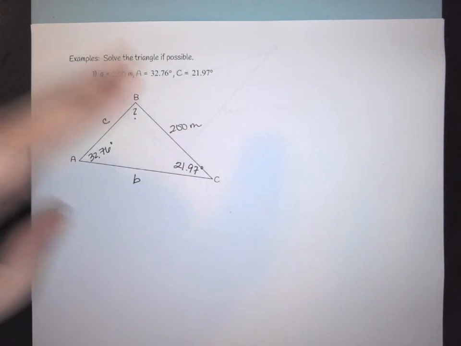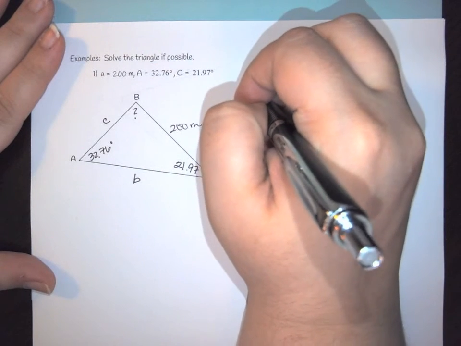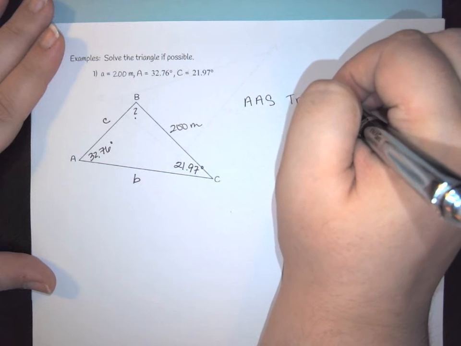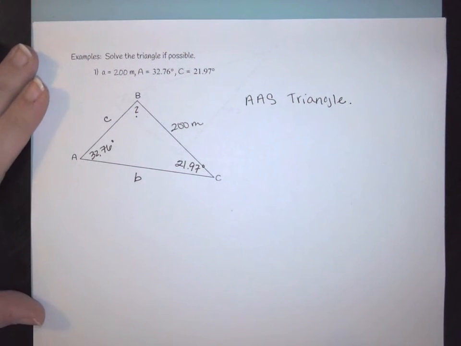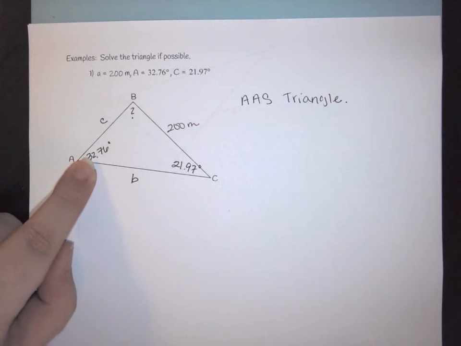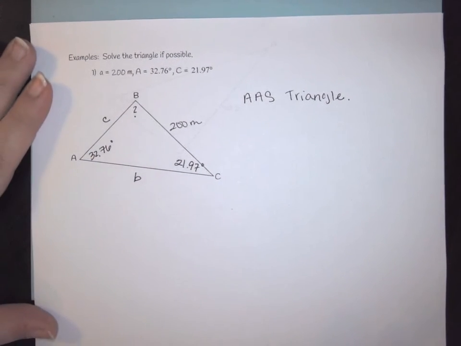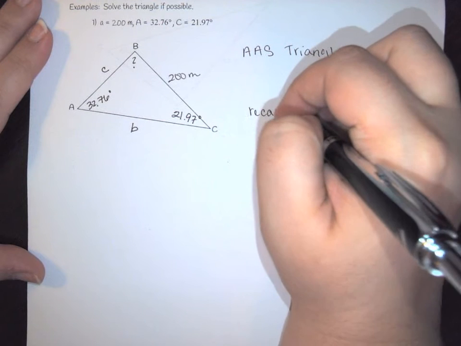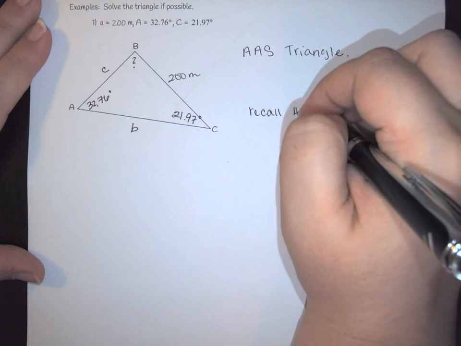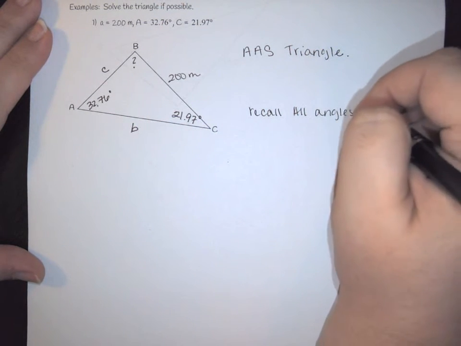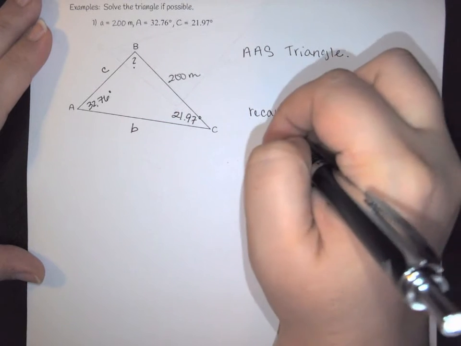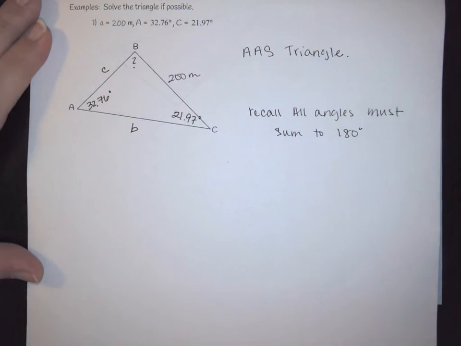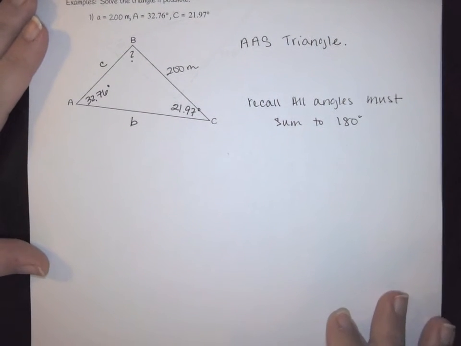The first thing I would do, since I've already been given two angles, is find the third. So I want to recall that all angles must sum to 180 degrees. This means angle A plus angle B plus angle C has to equal 180 degrees.